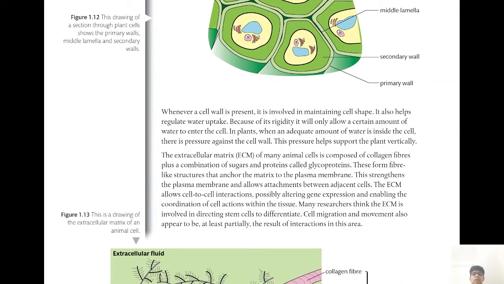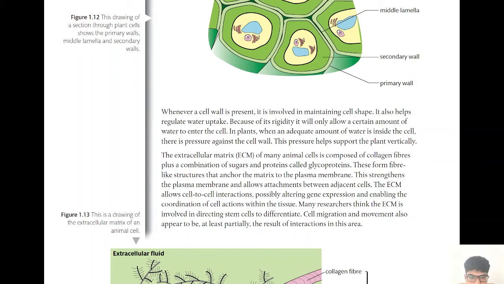The extracellular matrix, ECM, of many animal cells is composed of collagen fibers plus a combination of sugars and proteins called glycoproteins. These form fiber-like structures that anchor the matrix to the plasma membrane. This strengthens the plasma membrane and allows attachments between adjacent cells.